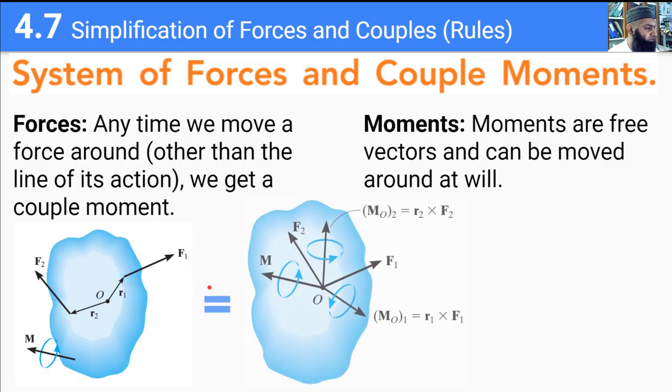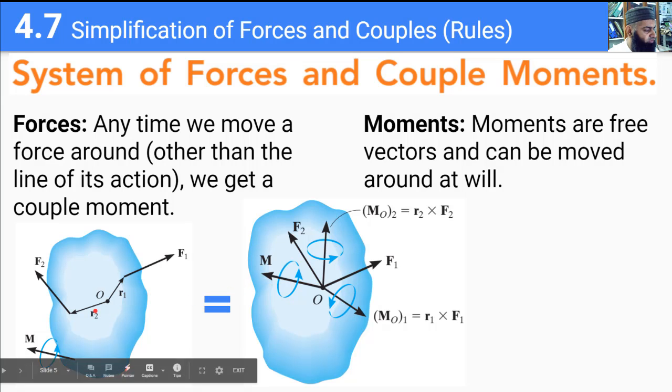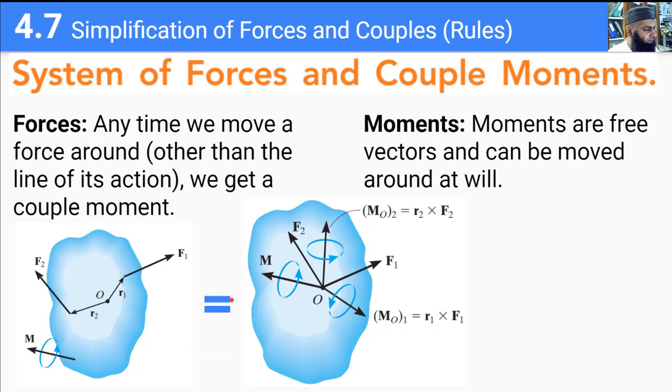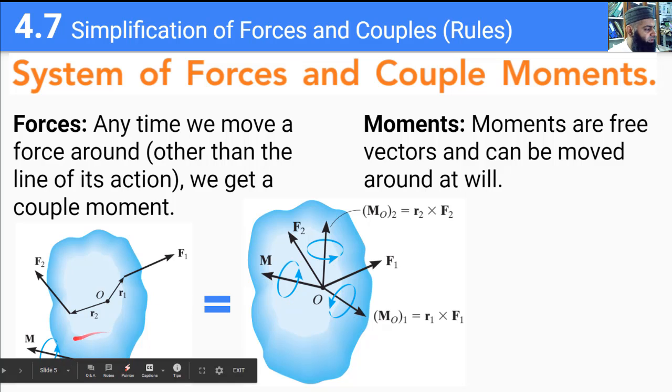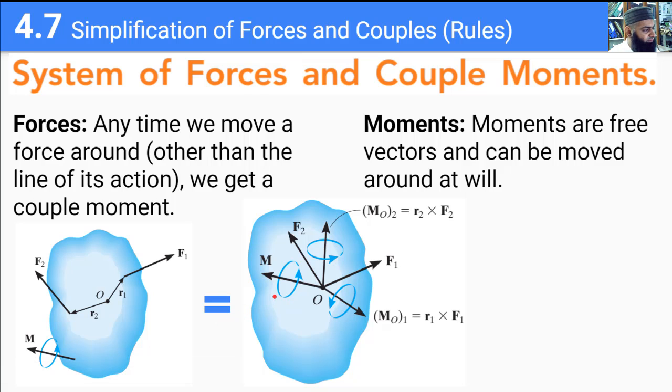Whenever we move a force around in the body, we get an extra couple moment, and couple moments are considered free vectors, so they can be moved around without any problem.